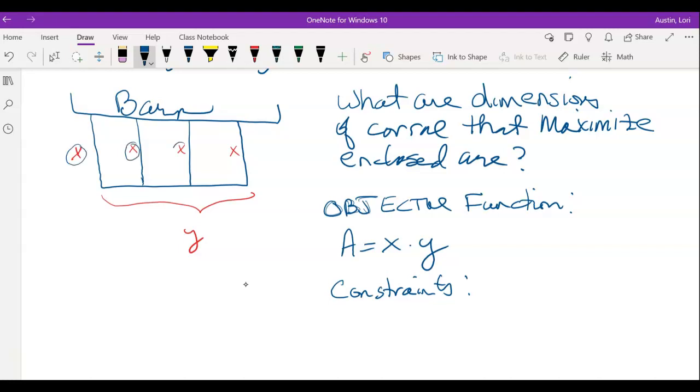How many x's? How am I going to write my constraint equation? What do you think? Equals 400, right? What equals 400? What has to add up to 400 here? In terms of x and y. Don't you have 4 x's? You got 4x's plus 1y. There's your constraint. Equals 400.